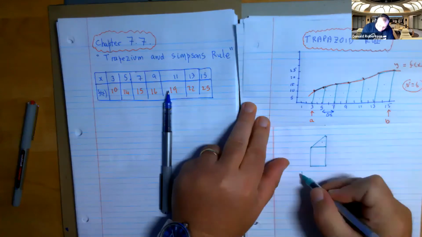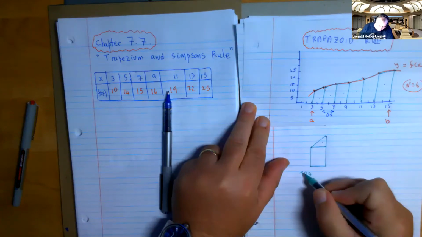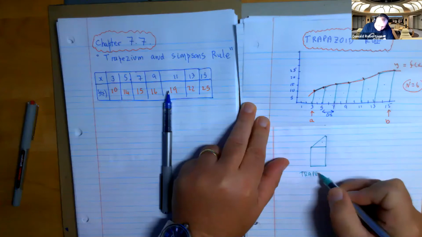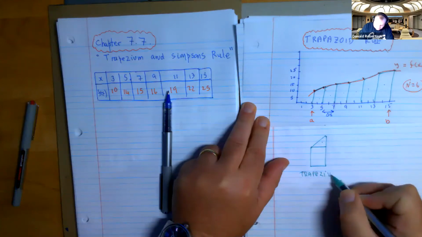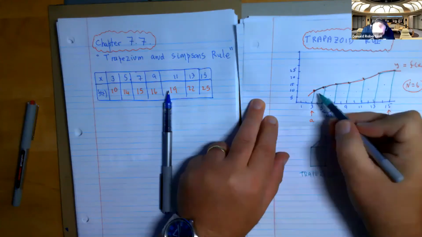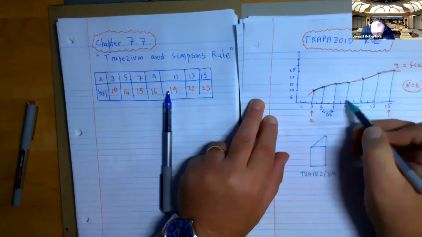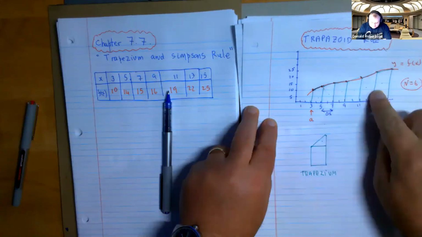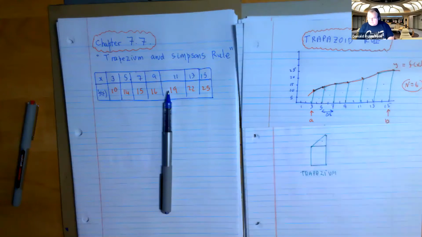That shape is called a trapezium. So can you imagine this shape was cut into 6, not rectangular strips, but 6 trapezium strips? Can you imagine that? Would you agree that's probably a better fit than a rectangle would ever be? And it is. And it's a better, meaning a more accurate answer for the same number of strips.